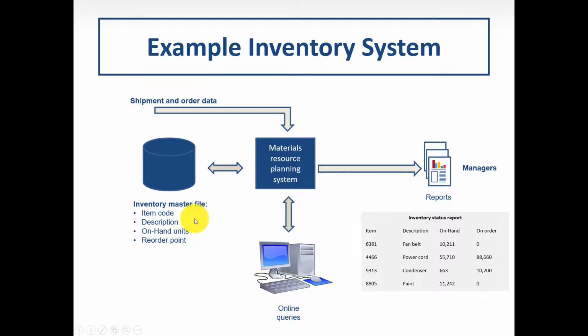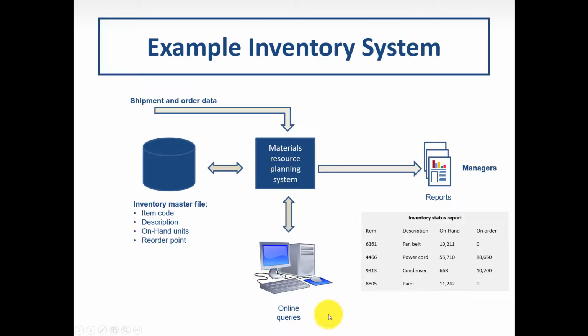Just picture maybe an Excel sheet, where you will have in one column the item code and the description of that item, how many units you are supposed to have on hand, that means in the warehouse, and maybe also the reorder points. The reorder point, if you don't know, means the quantity at which you are supposed to order. So if you have 10 items and these are being consumed and you reach 4, maybe that is the reorder point in which you need to grab that phone and trigger that order to your supplier.